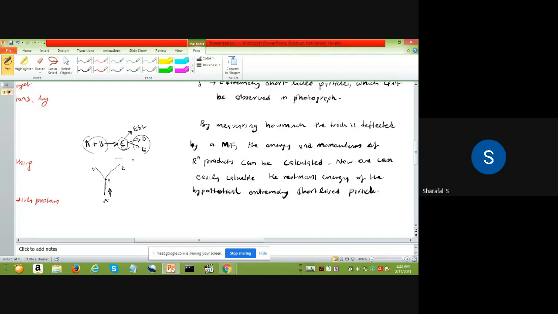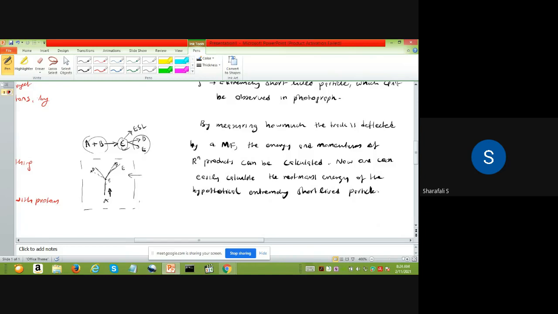Consider this as the photograph of the particle interaction from the cloud chamber. But if you apply an external magnetic field, the particle energy and momentum can be deflected, so there will be some shift in the track you can observe. From that you can measure the energy and momentum of these particles, which are the products of this particular reaction.